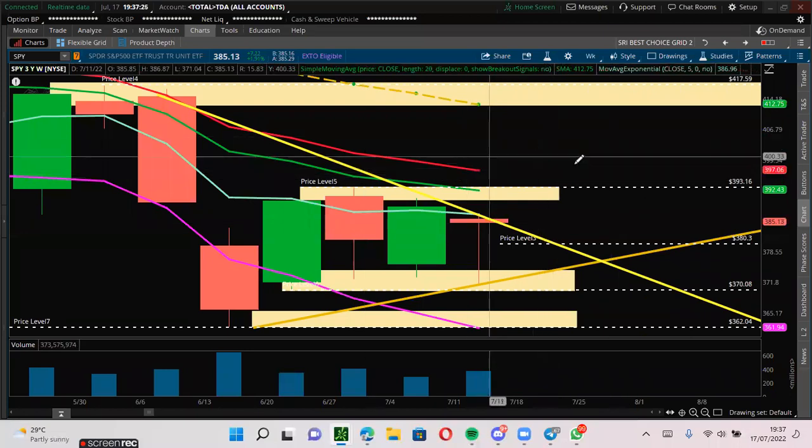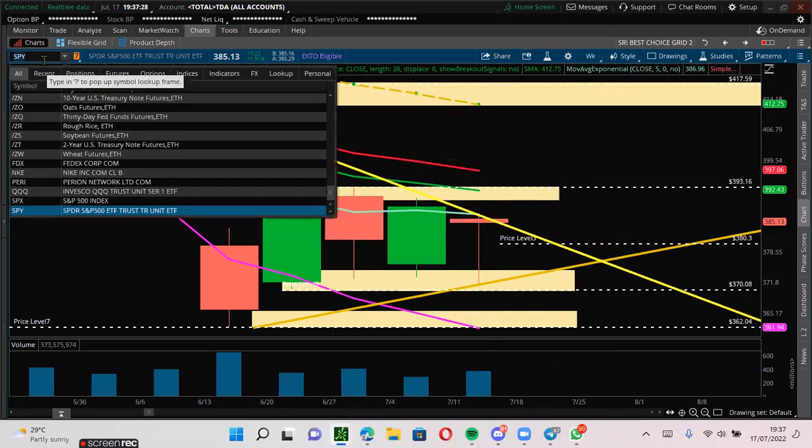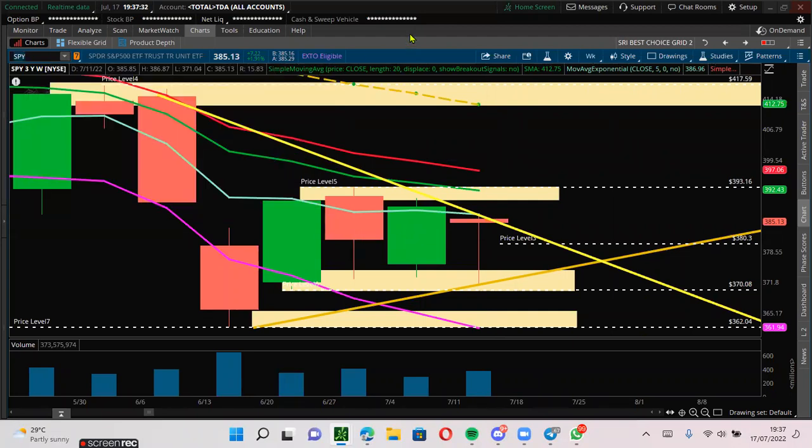So next I wanted to take a look at QQQ. If anybody wants this chart, I'll just share it.